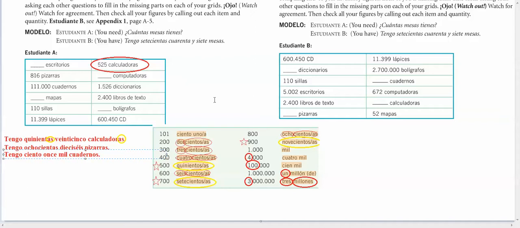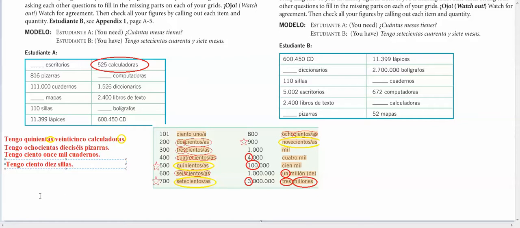You still would make it agree no matter what. So like 110 sillas, that's another example of one that you wouldn't change. You'd say tengo, or you'd spell it right. Tengo 110 sillas, because when it's 100, you don't make it feminine.